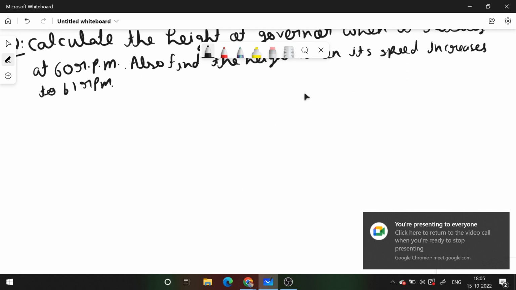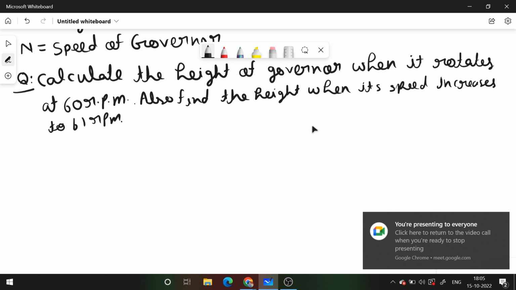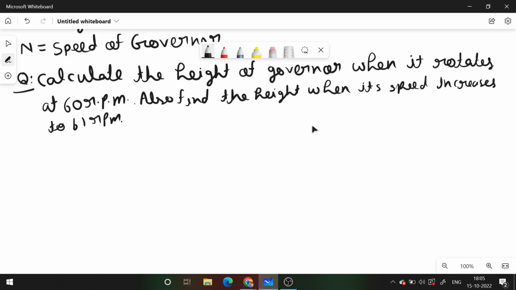Okay. Calculate the height of the governor when it rotates at 60 rpm. Also find the change in height when its speed increases to 61 rpm. As we know that height of the governor is equal to 895 upon n square.